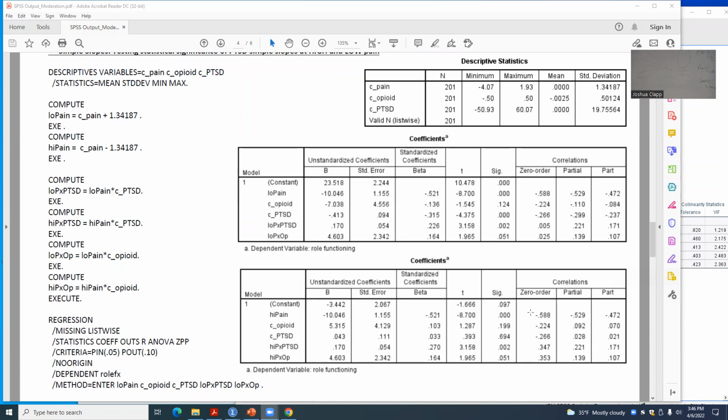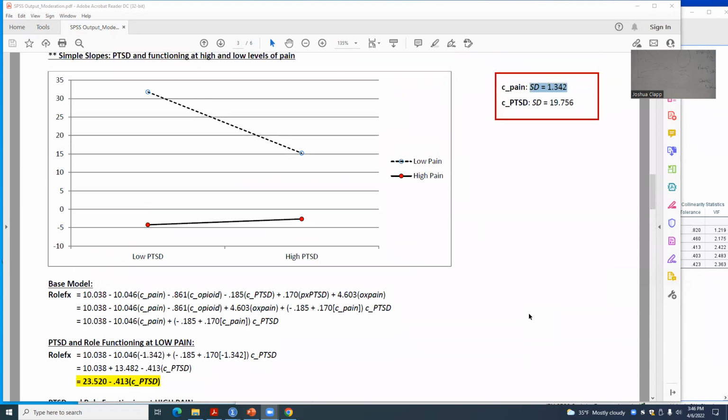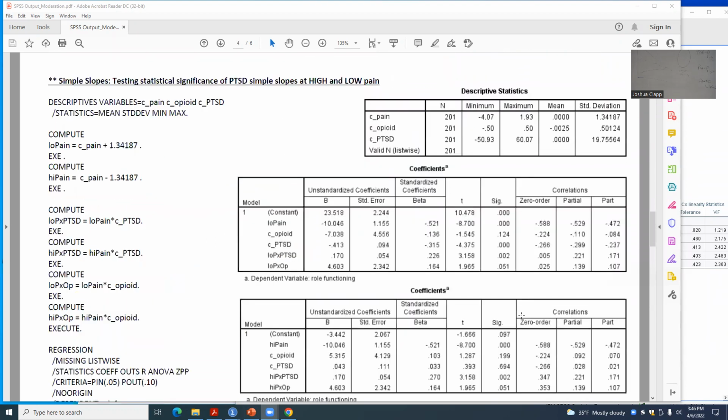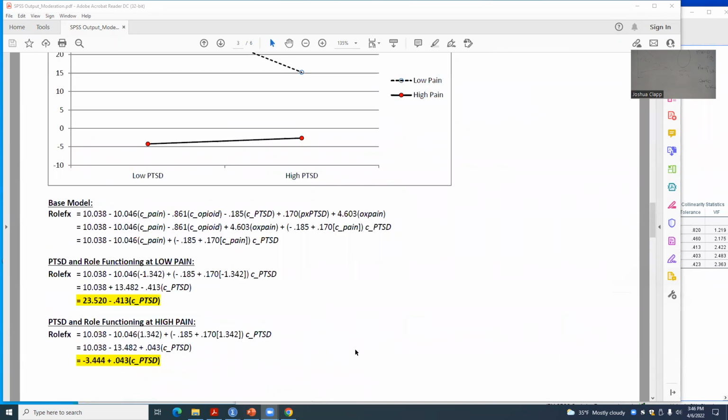Okay, cool. So what we're going to do then, so here we go. We've got a model where we've got two interaction effects, right? And we've got evidence for both of these. Here we've gone through and run the simple slopes. We've gone through and done everything by hand here, right? Factored out, got all our slopes. Here, if we take a look at the conditional effect for PTSD at low levels and high levels of pain, they're functionally equivalent to what we've got here, right?